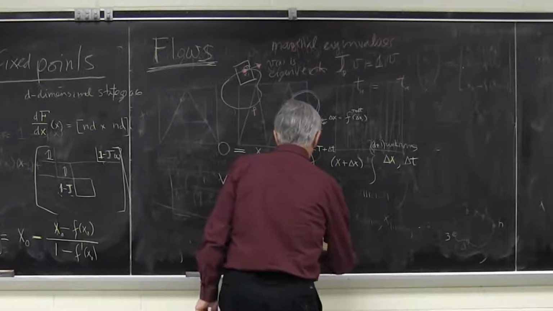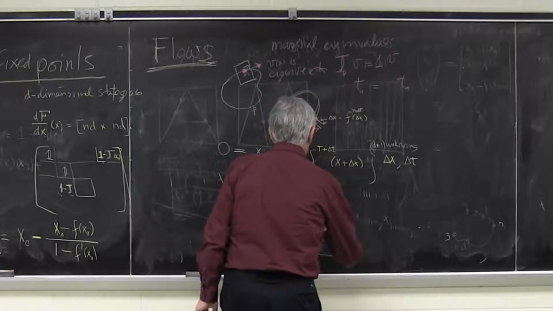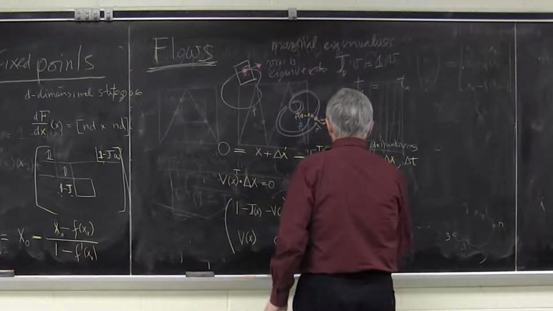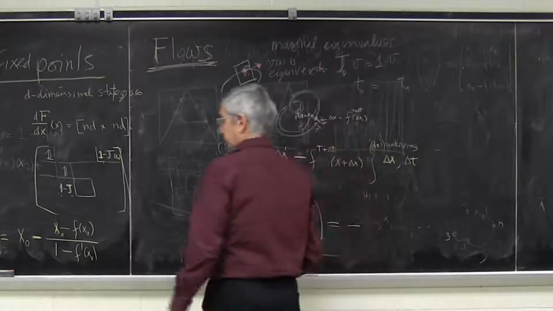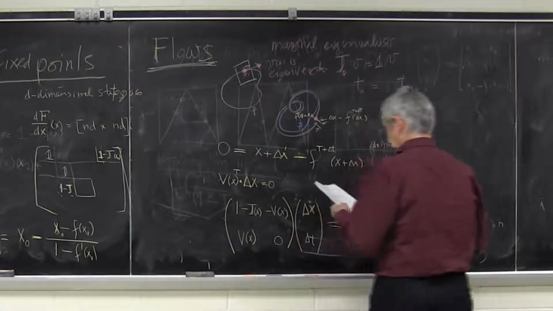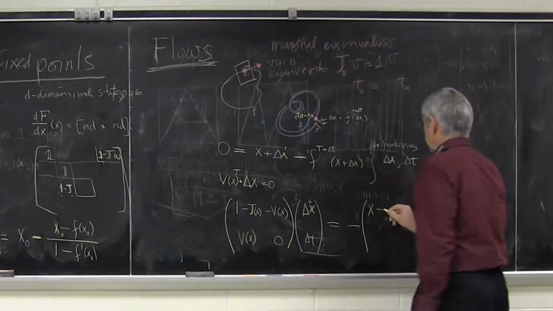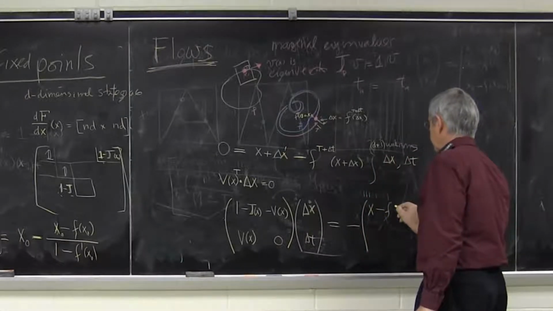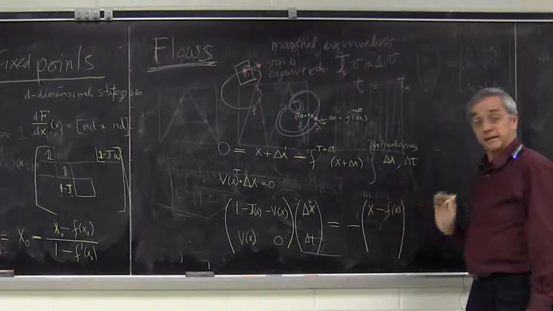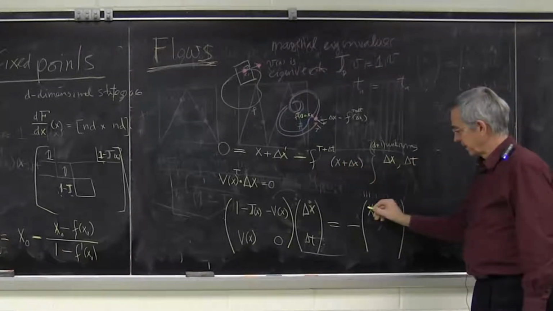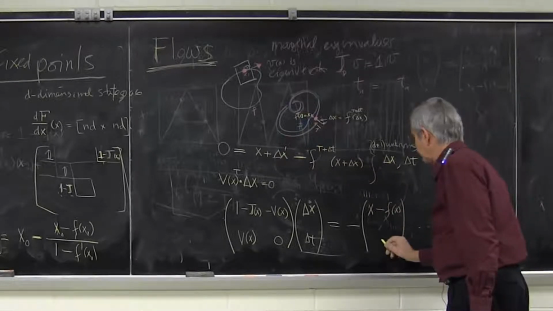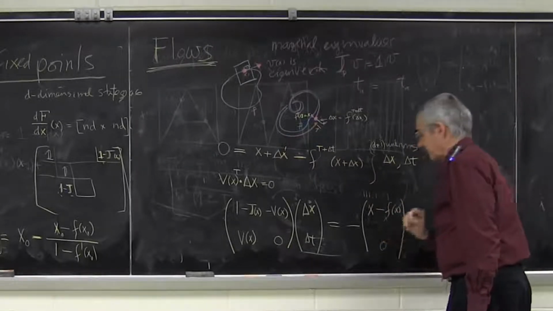And now I have a well-posed problem to solve. It's minus the error. And this error in this form is, I want to minimize where I get along in the cycle. So this is d-dimensional. And I want the time to be just right.